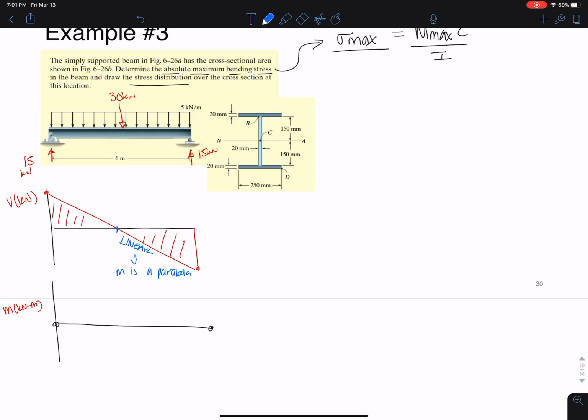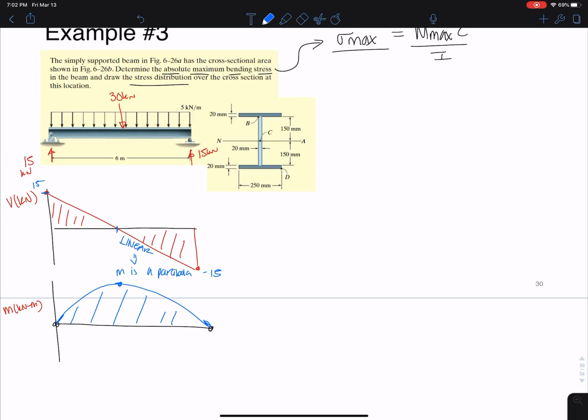And at this point, I need to have a slope of 0. At this point, it's 15, negative 15. I start with a slope of positive 15, I have a slope of 0, and end with a slope of negative 15, for something like this.